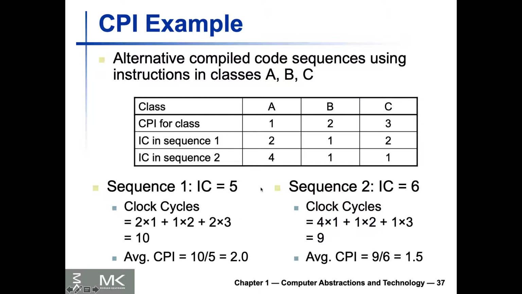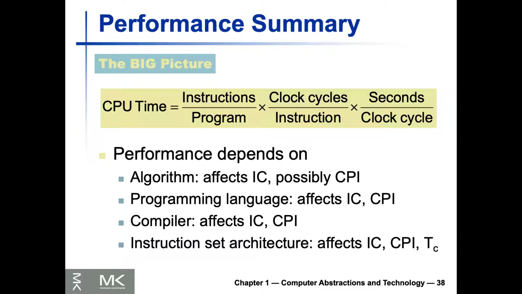Okay, so now let's put everything together in a single, I would say, more beautiful formula. So, CPU time, the overall picture. CPU time stands for instructions divided by program, multiply clock cycles divided by instructions, multiply seconds divided by clock cycle.